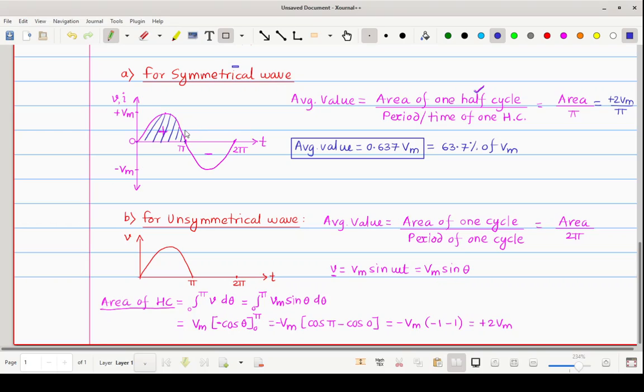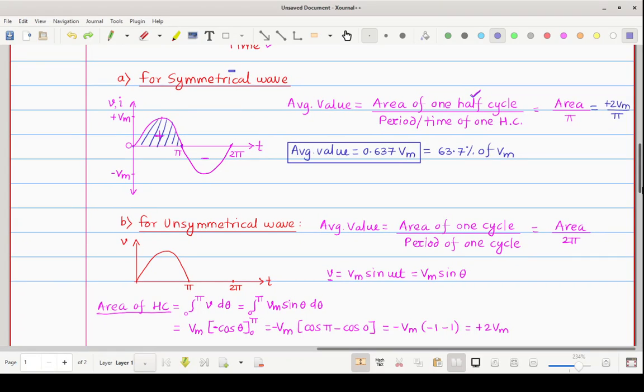So our last type of representation of an AC signal is RMS. Friends, this was about the average value of an AC signal. The next type is RMS representation, which we will cover in the next lecture.